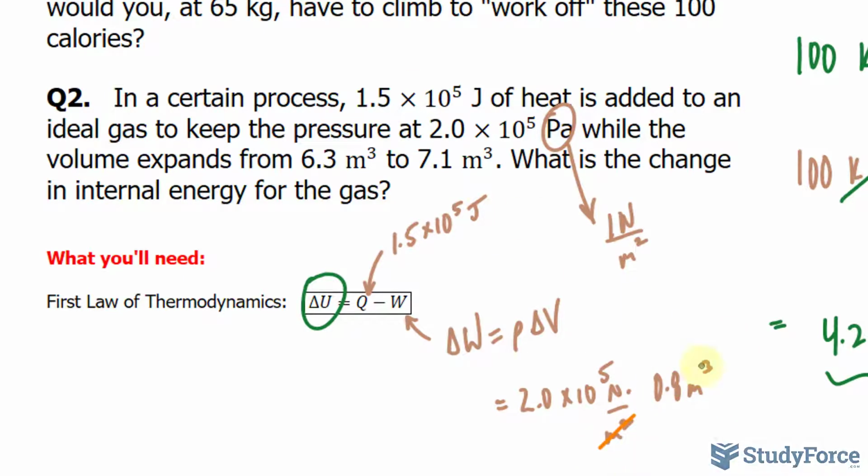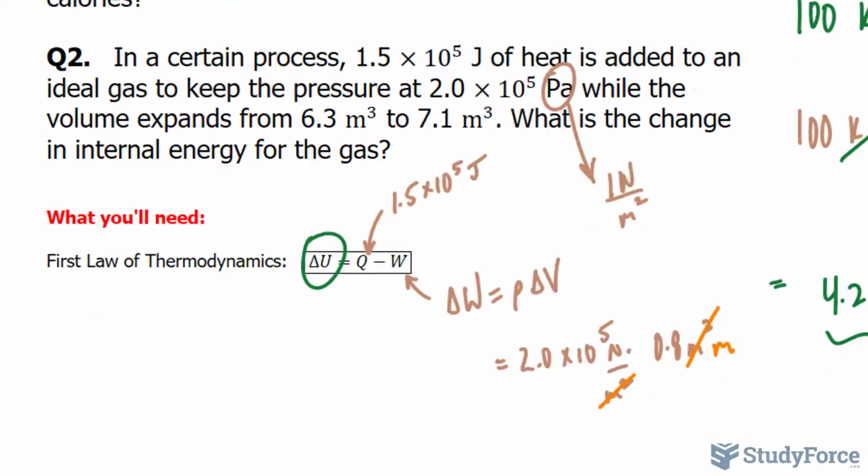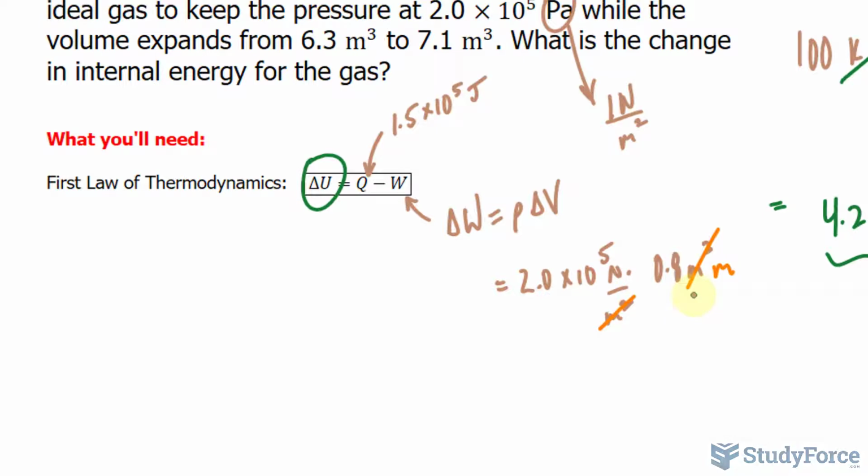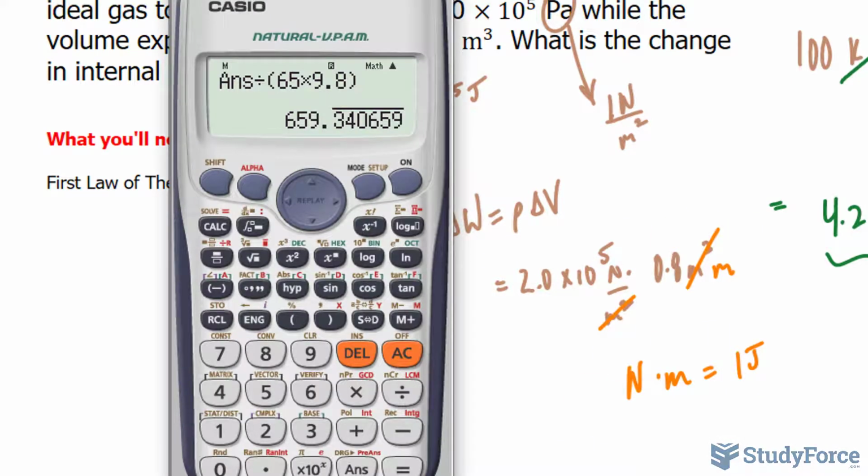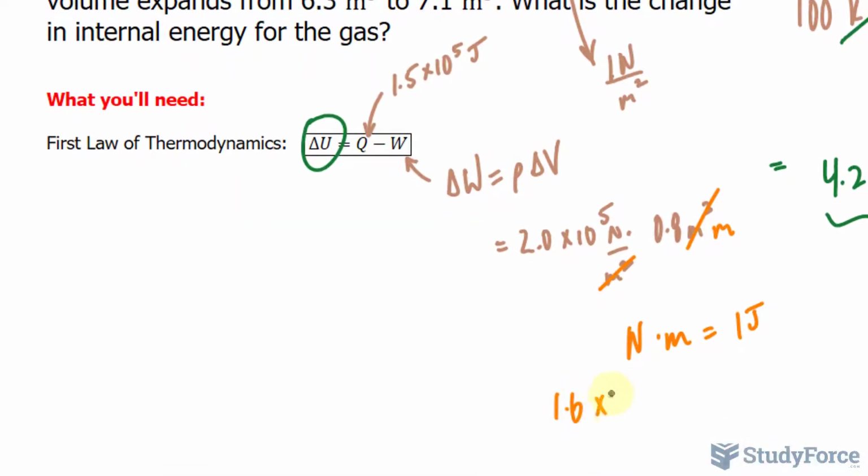These meters units cancel out with 2 of these, and we are left with newtons times meters, which is equivalent to 1 joule. Multiplying these out should give us a value that's in joules. 2.0 times 10 to the power of 5 times 0.8, and this gives us the amount of work being 1.6 times 10 to the power of 5 joules.